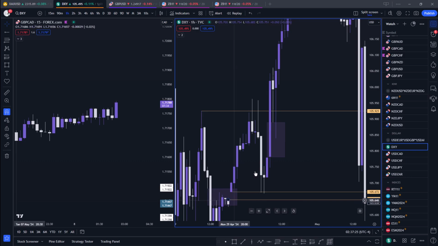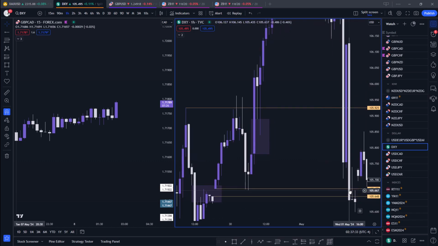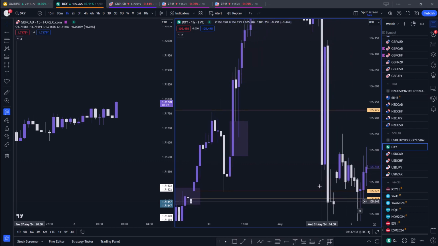We had no body of a candlestick in between here. At this point, we had the wicks now, but we still didn't have the body of a candlestick. And then eventually, finally, here we laid over a full body of a candlestick. Only now can I decide to stop paying attention to that volume imbalance or liquidity void.